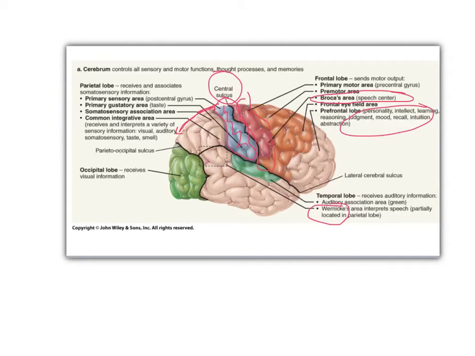If you were to have an aphasia or some damage to Wernicke's area, you would be able to make noises that sound like language, but it would be meaningless, because Wernicke's area is where we understand that speech is interpreted.